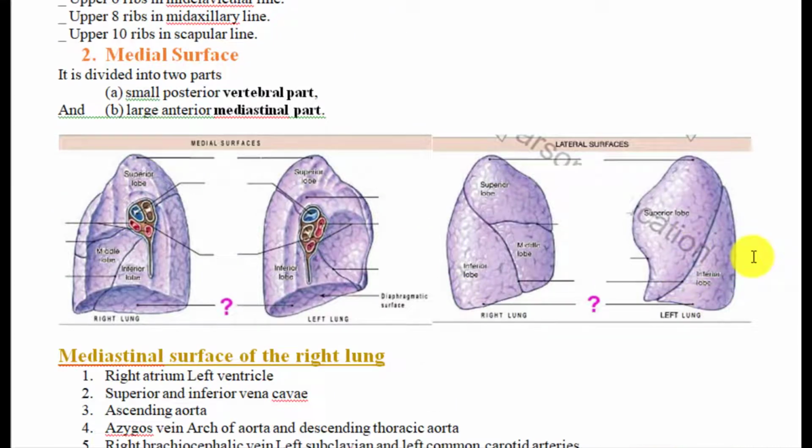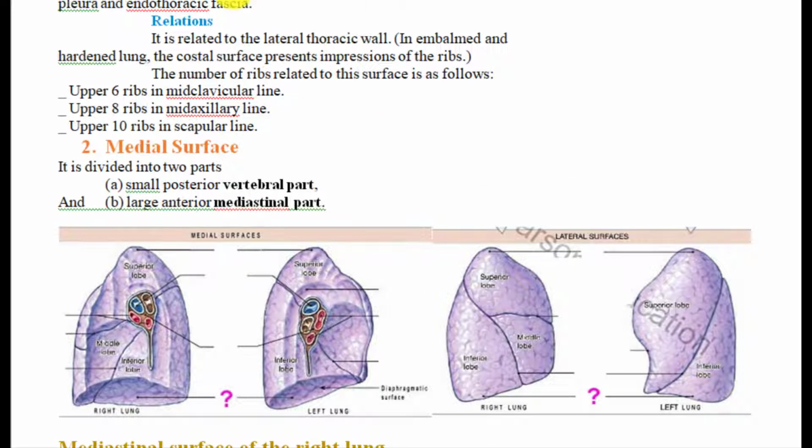This one which you can see, these are the costal surfaces and these are the medial surfaces, right? It is covered by costal pleura and endothoracic fascia. So these two surfaces, this is the right lung and this is the left lung, are covered by the costal pleura and endothoracic fascia.